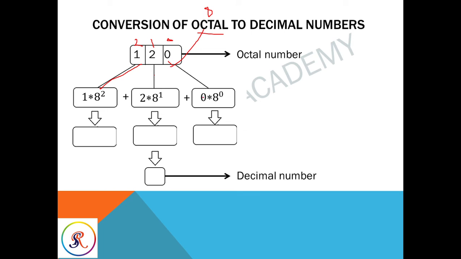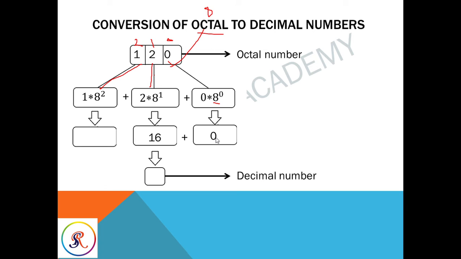So 0 into 8, what is the power here? 0. Next 2 into 8 power 1, and 1 into 8 power 2. Now already we know 8 power 0 means 1, but when we multiply any number with 0 we will get 0.